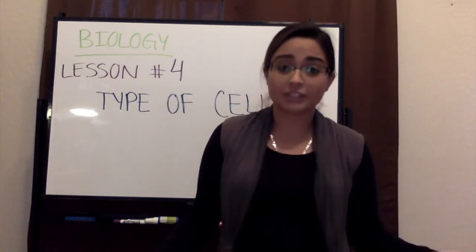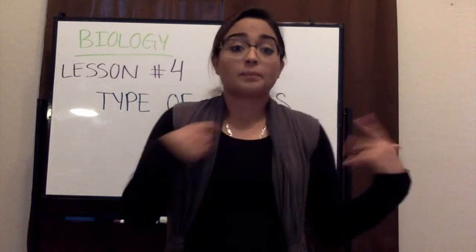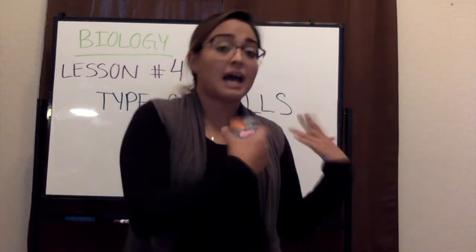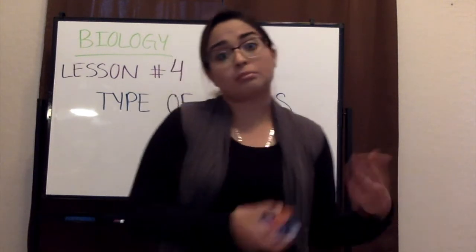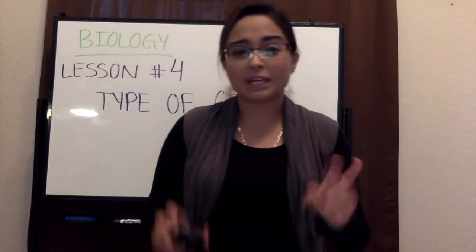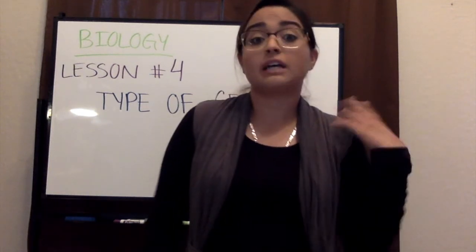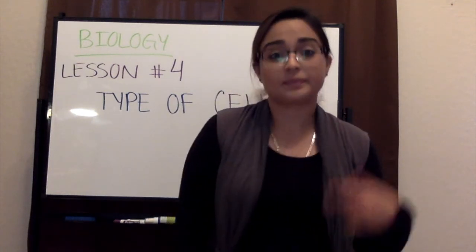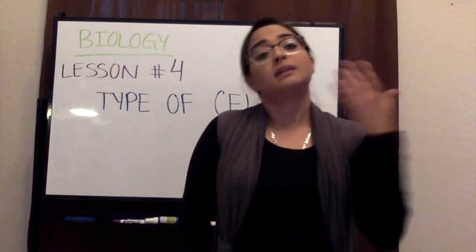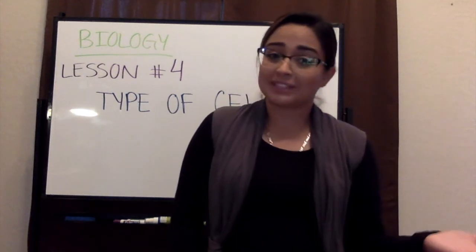The mitochondria. So plant cells have a special type of something like a mitochondria that is called a chloroplast. But it's only found in plant cells, not in animal cells.